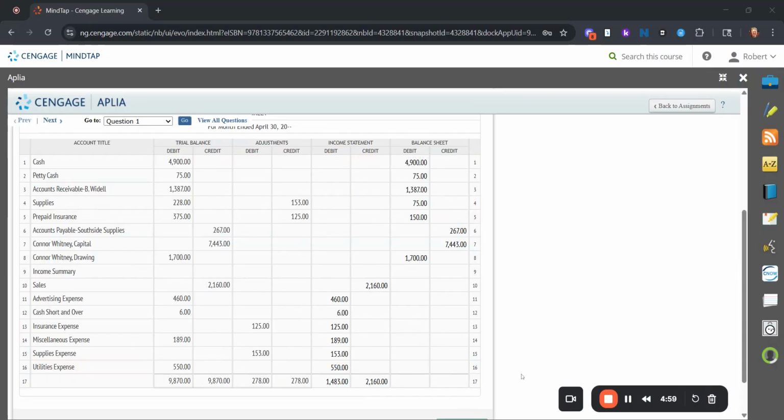So let's get down to our balance sheet columns. 82.87.